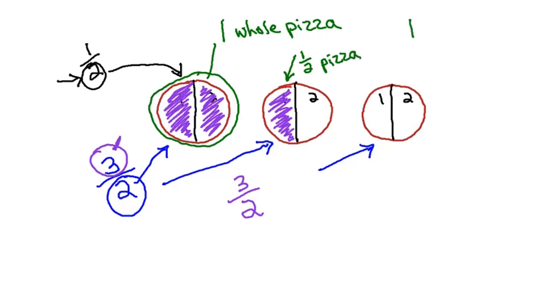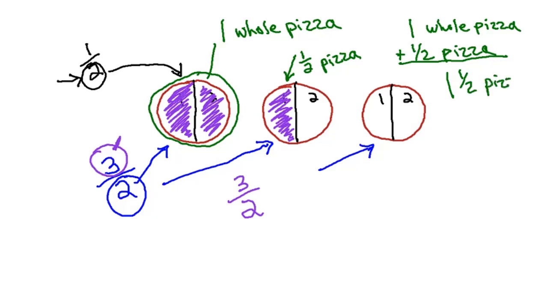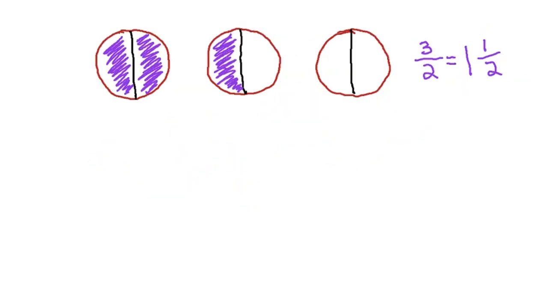So if we have one whole pizza plus 1/2 of a pizza, that's going to equal 1 1/2 pizzas. Now here are those same pizzas. We have pizzas divided into equal halves, and 3 of those halves are colored in. So that's 3 halves, which is the same thing as 1 1/2 pizzas.